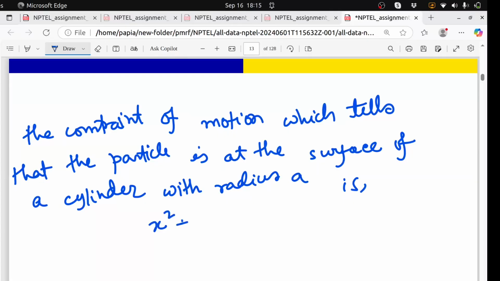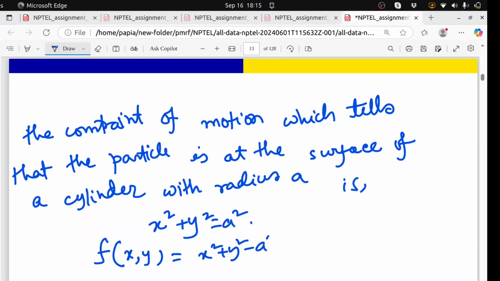Let's say x square plus y square equals a square. Okay, so this is the equation of constraint. So f of x, y I can write as x square plus y square minus a square, which is 0. So you can see that this is holonomic.